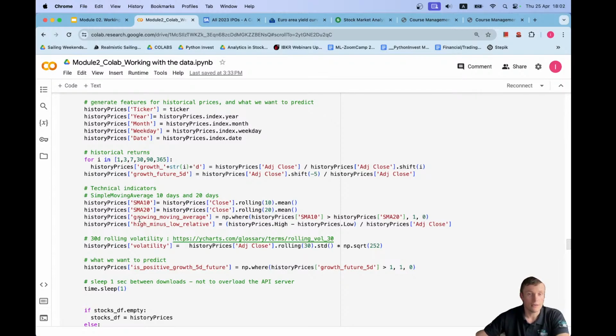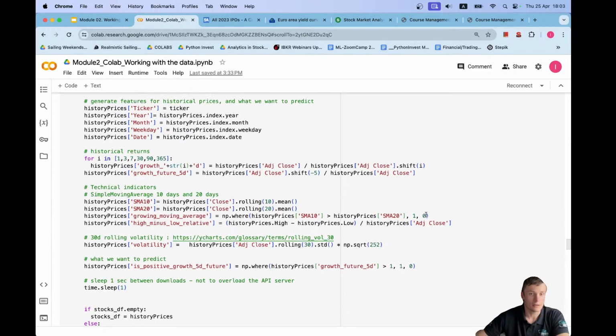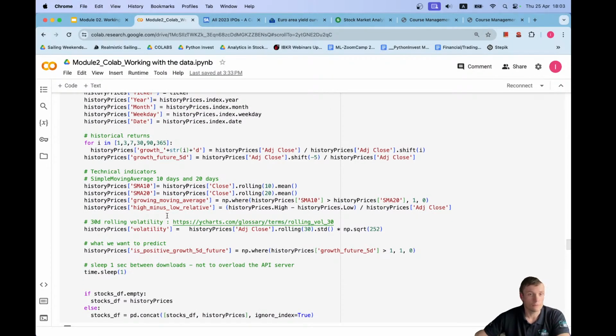For example, if moving average is growing now, we define growing moving average Boolean variable 1 if SMA 10 is higher than 20 and 0 otherwise, or high minus low or some other factors that you want to generate. So don't think that all factors are already predefined. If you see something in the graph and you want to model it, just go and try doing it.